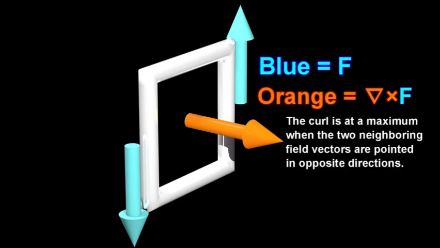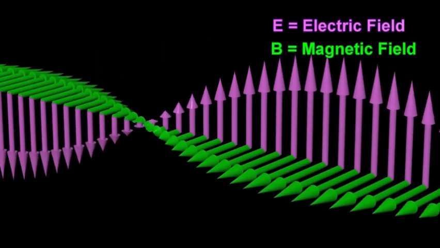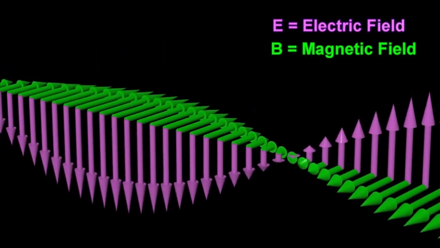The curl is at a maximum when the two neighboring field vectors are pointed in opposite directions. Let's keep this in mind when analyzing the curl of the electric and magnetic fields of an electromagnetic wave.